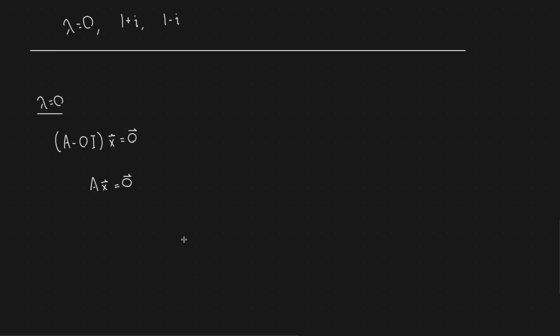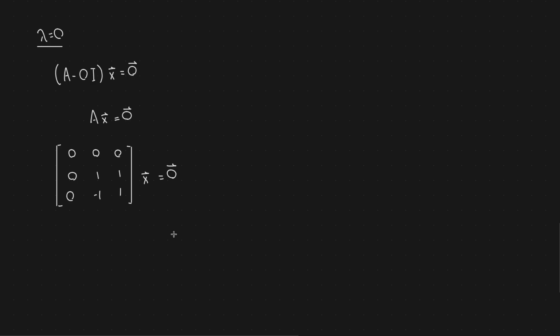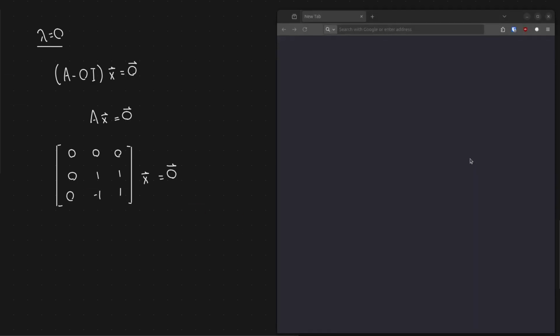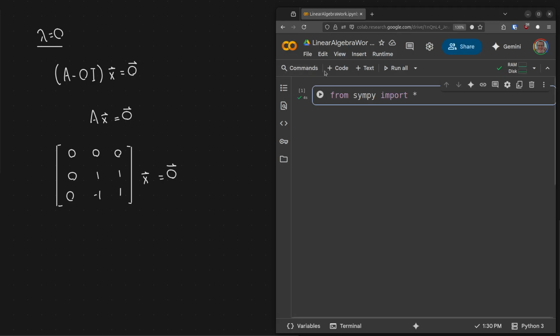So matrix A, what was that again? 0, 0, 0, 0, 1, 1, 0, -1, 1 times vector x equals vector 0. So I want to find the reduced row echelon form of this and solve the system.